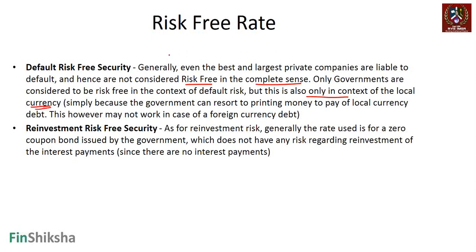So if the Indian government issues INR bonds, this is going to be considered as default free. Why? Because the government can resort to printing money to pay off the local currency debt. That, however, does not work if the Indian government is issuing a dollar debt, remember. So the default risk-free security is always going to be in the local currency, right?